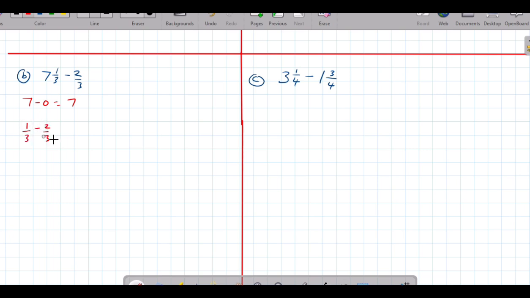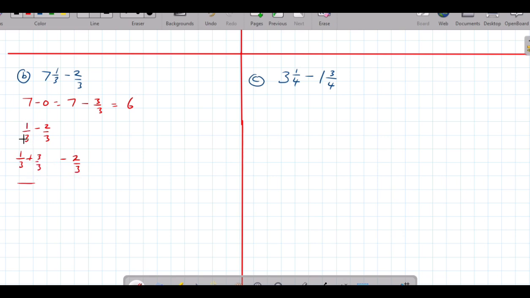Now, we cannot subtract this without having a negative value. So let's borrow 1 in terms of the denominator we have here. And we are going to have 6 left. So let's add that 3 over 3 to this 1 over 3 that we have here. So we have 1 over 3 plus 3 over 3 minus 2 over 3. So we add up the first ones, so as to prevent the negative value we would get after subtracting.